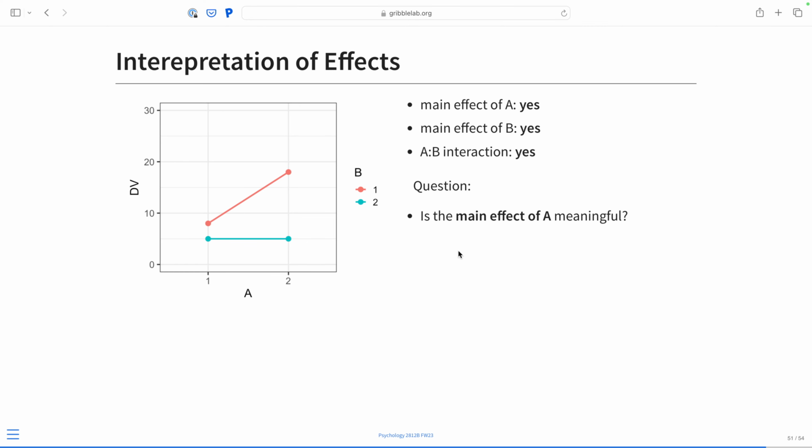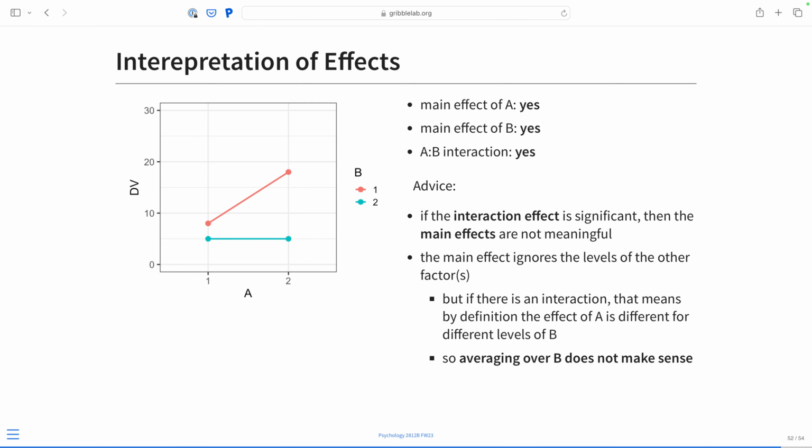So is the main effect of A meaningful if the effect of A itself depends on the level of B? Does it make sense to average across levels of B if the interaction term is telling us that the effect of A is different across levels of B?